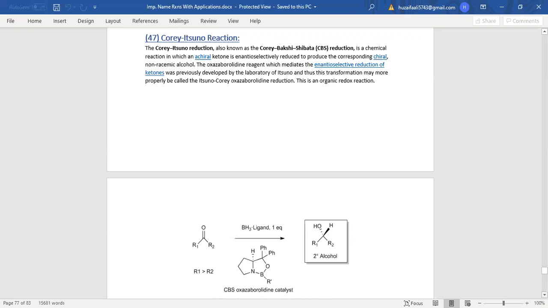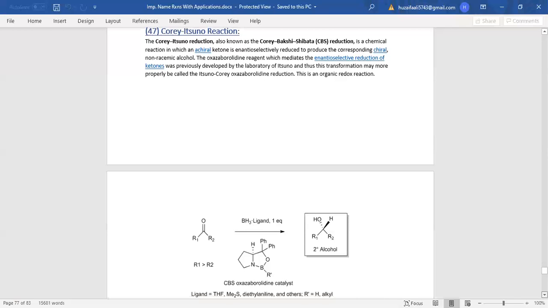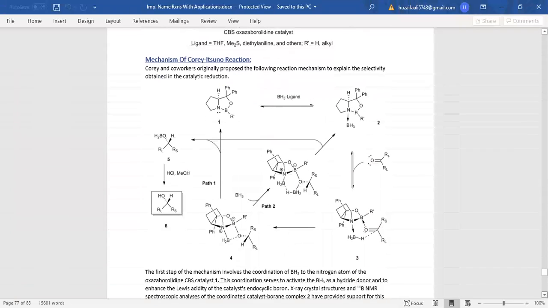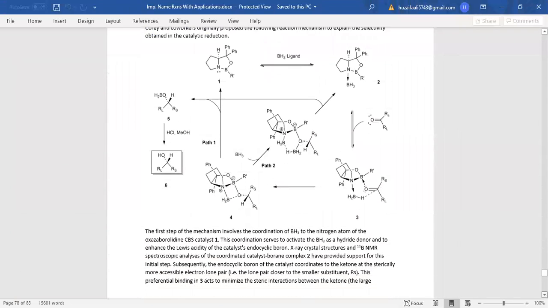The oxazaborolidine reagent, which mediates the enantioselective reduction of ketone, was previously developed by the laboratory of Itsuno, and thus this transformation may more properly be called the Itsuno-Corey oxazaborolidine reduction. This is an organic redox reaction. Mechanism of Corey-Itsuno reaction.